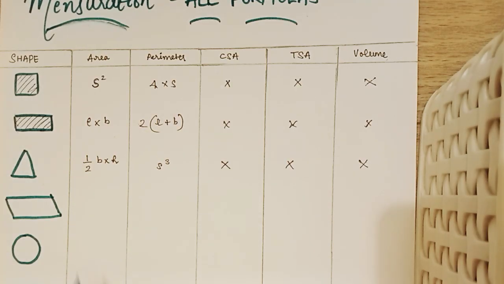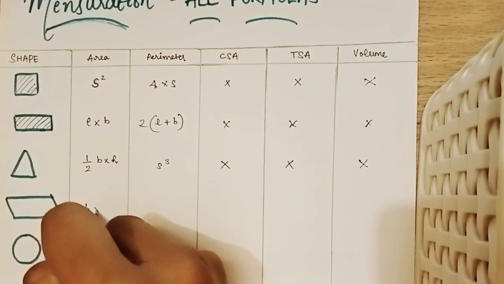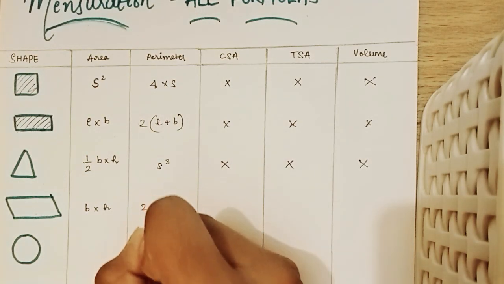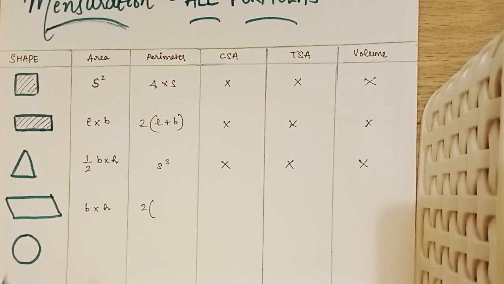Now for a parallelogram. The area of a parallelogram is base into height. Again, a slanted line, so height. Base into height, that is B into H. Now here, the perimeter of a parallelogram is 2 into the sum of the adjacent sides. Adjacent sides means 2 lines joining at a point forming an adjacent angle.